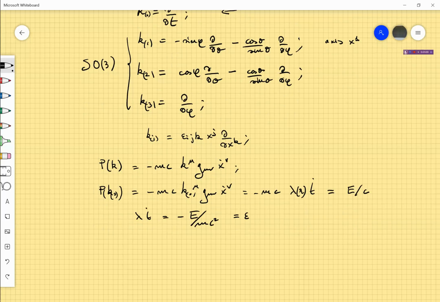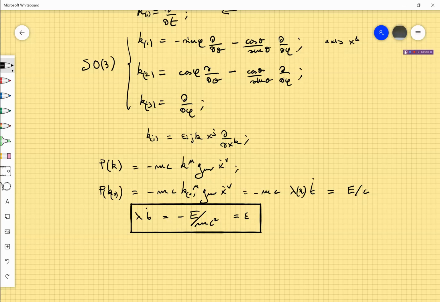So epsilon is minus the energy of the particle in units of mc squared. Epsilon is just an adimensional parameter. This gives us the interpretation of epsilon, and this justifies the existence of this conserved quantity.